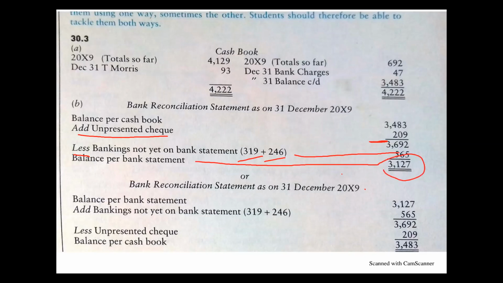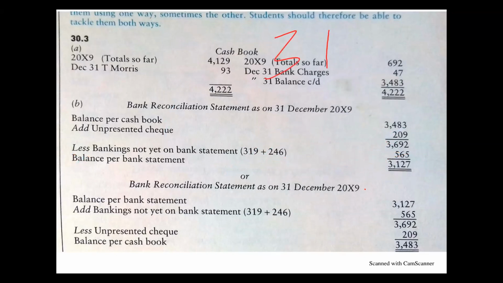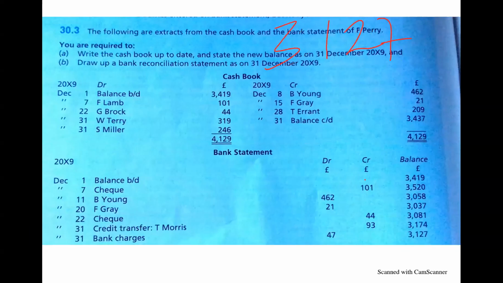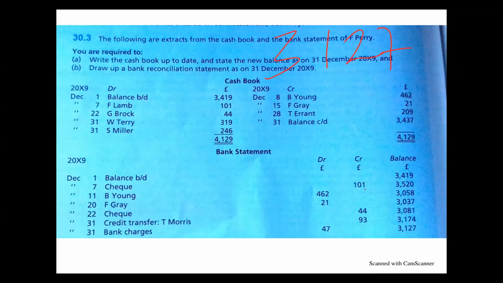Observe now, listen. The balance per bank statement is 3127. So we are going to go to our bank statement and check. We have 3127. Nice. Let's go to our bank statement.